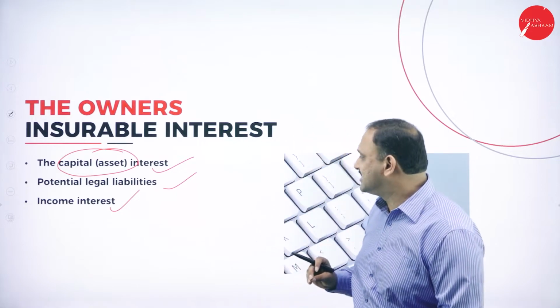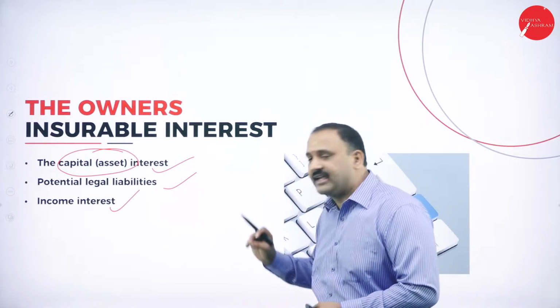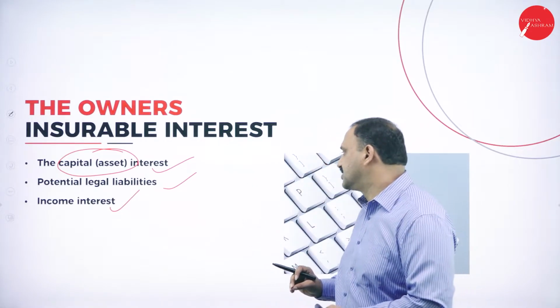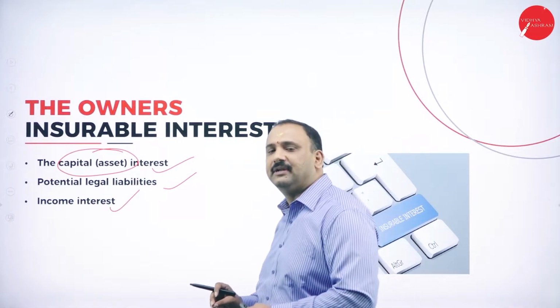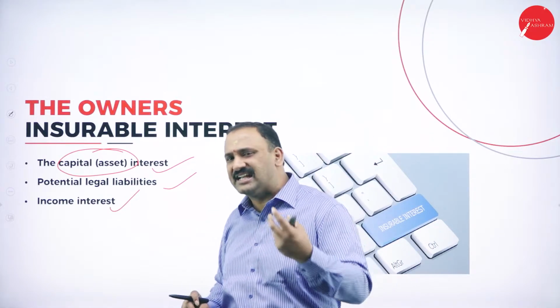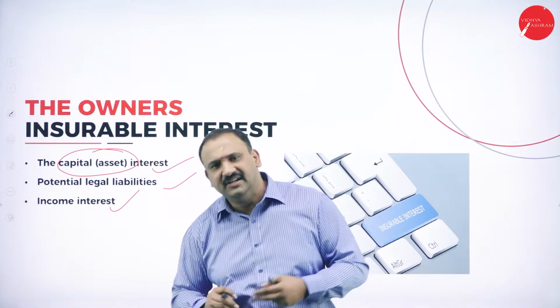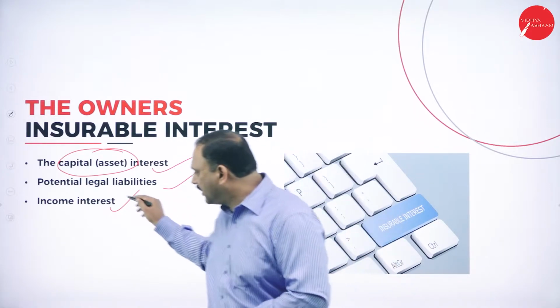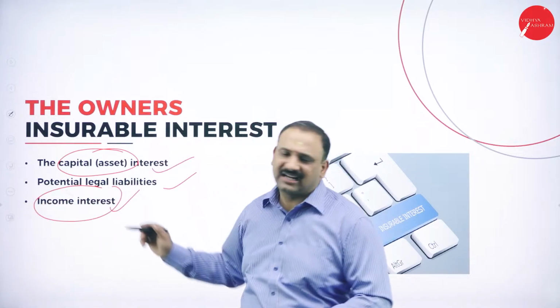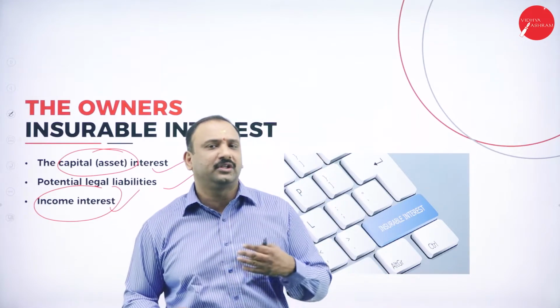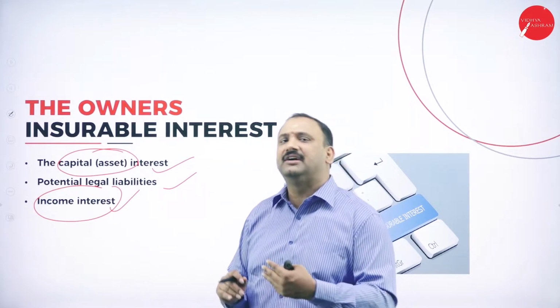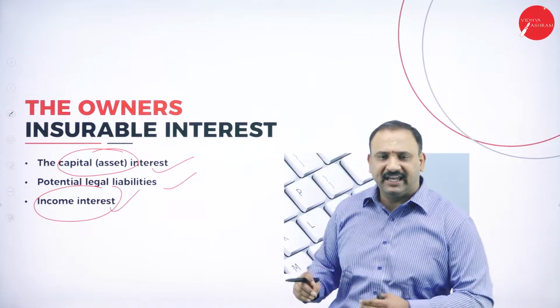So we call it the capital asset interest. The second factor is the potential legal liabilities, the legalities that can arise. Next, we talk about the income interest. What is the income because of the ship being in action?